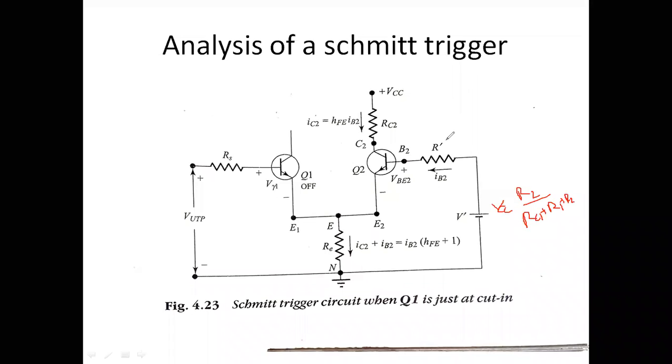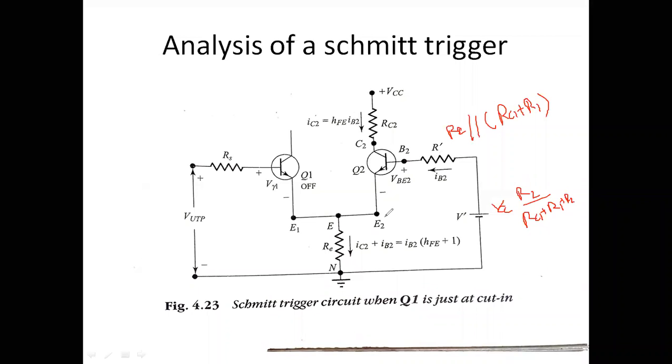This RB is nothing but R2 in parallel combination with RC1 plus R1. This is the equivalent resistance RB, or R dash. This we have seen, and we have seen this current.